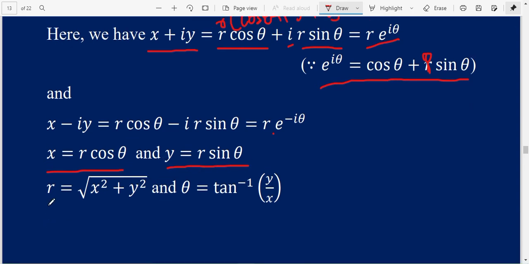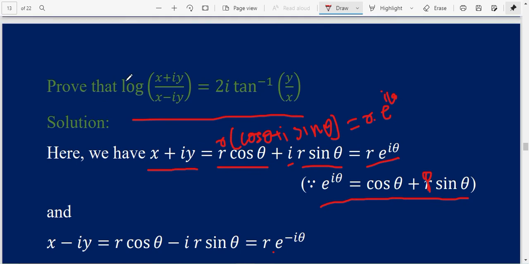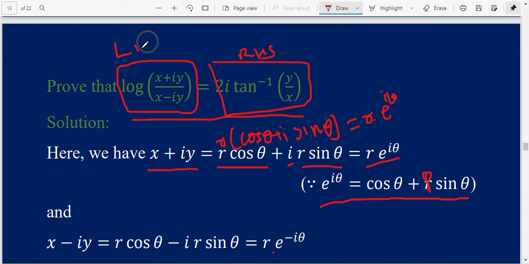So r is equal to under root x square plus y square, and theta is equal to tan inverse y upon x. Now this is the left hand side and this is the right hand side. We take the left hand side and prove the right hand side.